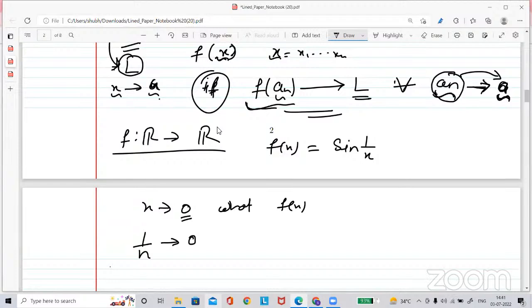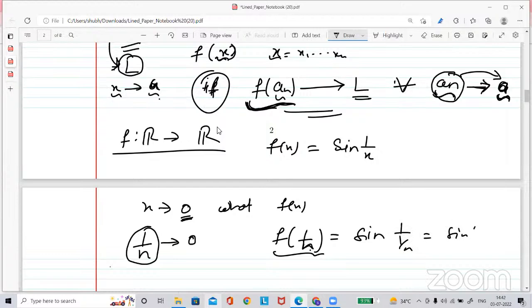Now the corresponding sequence f(an) means substituting 1/n in place of x, so the sequence becomes sin(1/(1/n)), which is sin n.